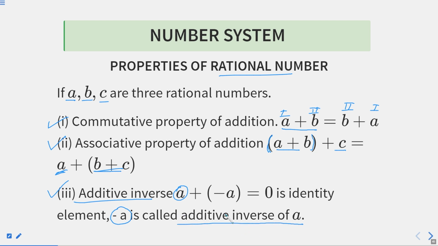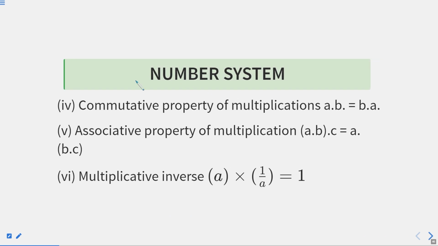So this is our additive inverse, and minus a is called the additive inverse of a. Okay. Now let's move to the multiplicative properties, commutativity. If a rational number a multiplied with another rational number b gives the same answer as multiplying b with a.